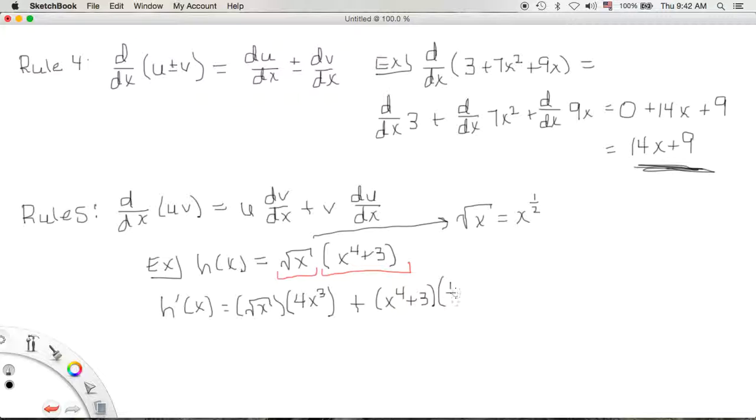So we just take the power down and then subtract 1, and 1/2 minus 1 is -1/2. So we end up with this first times the derivative of the second plus second times the derivative of the first. Make sure you're good with that, and then you simplify.